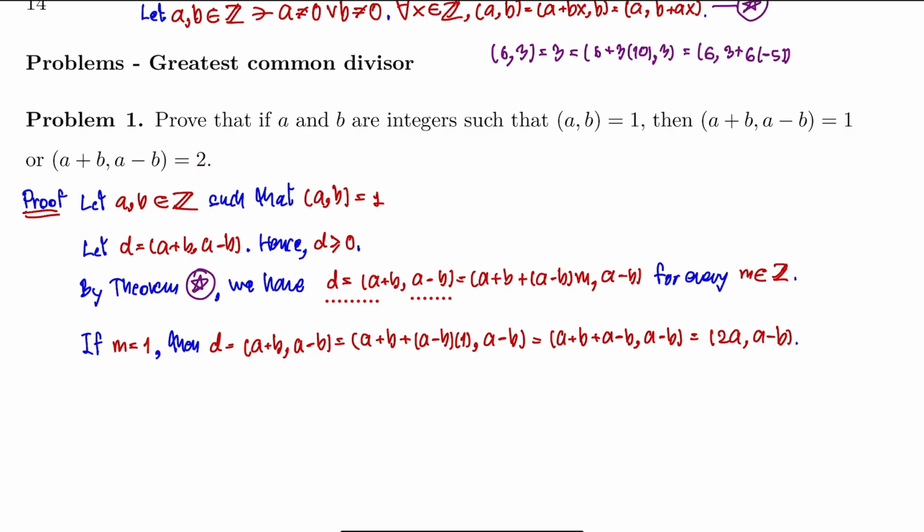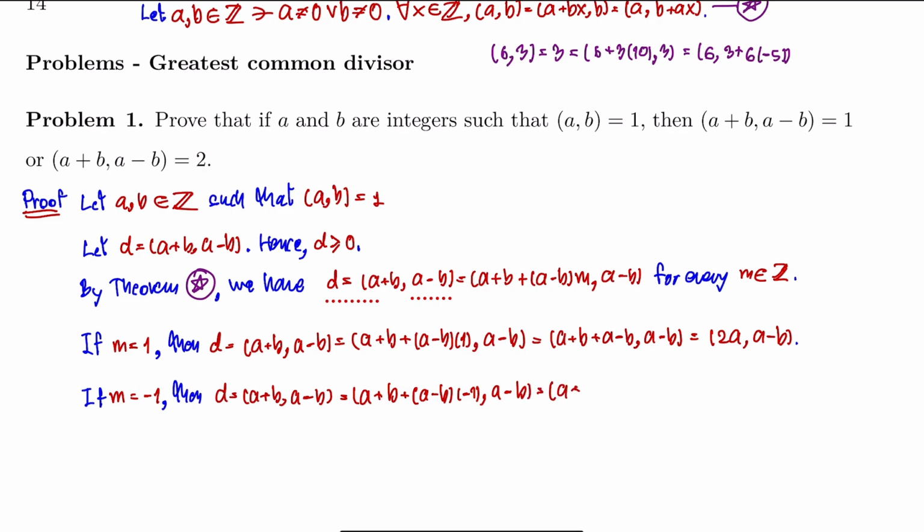How to have 2b? Try to let m be minus 1. So if m is minus 1, what do we have? We're going to have the greatest common divisor of a plus b and a minus b becoming a plus b plus a minus b times minus 1. And then what do we have?